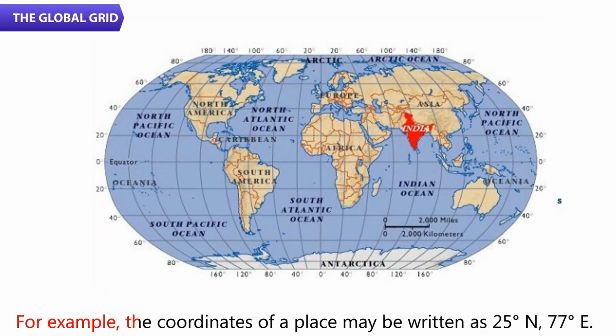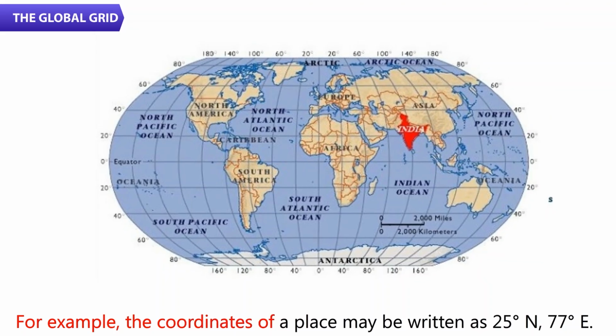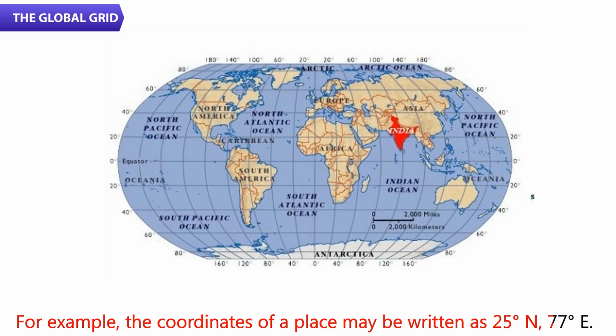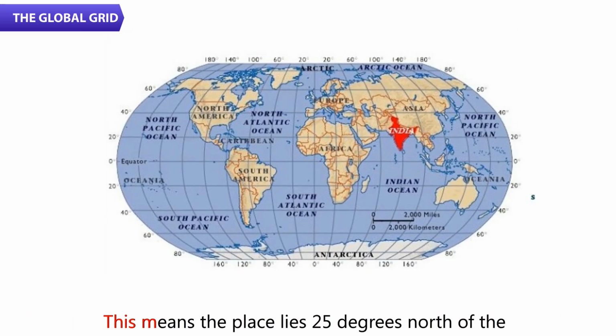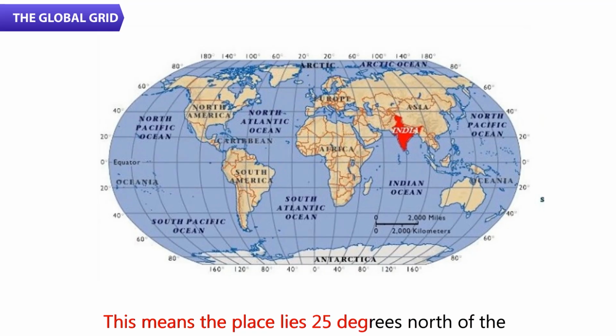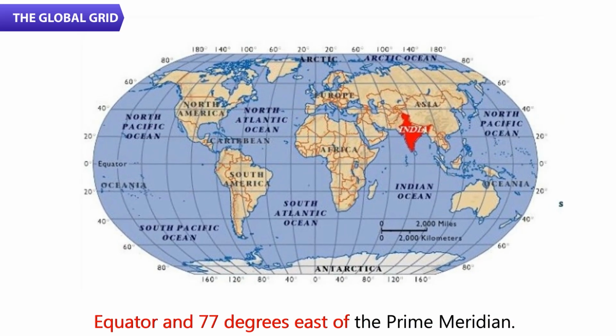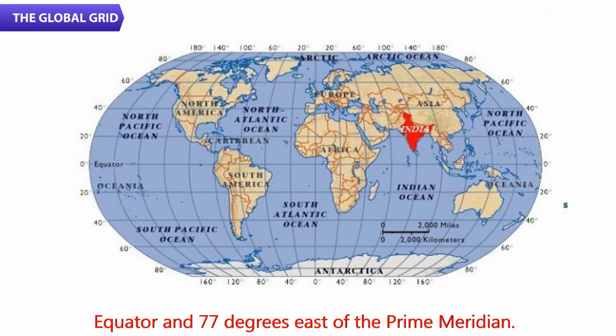For example, the coordinates of a place may be written as 25 degrees N, 77 degrees E. This means the place lies 25 degrees north of the equator and 77 degrees east of the prime meridian.